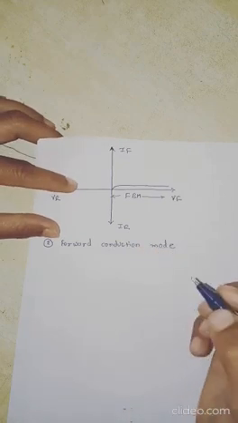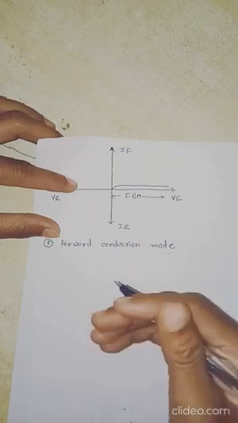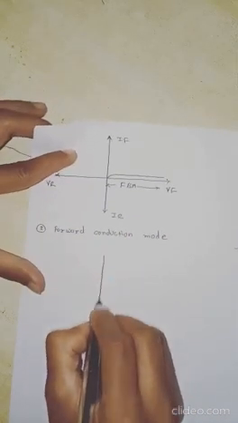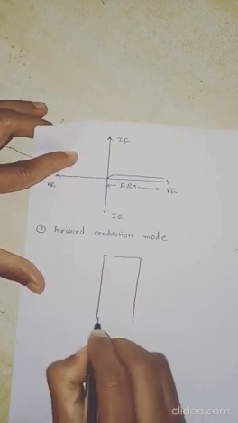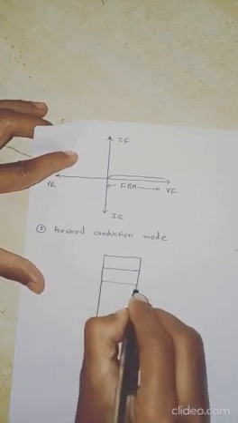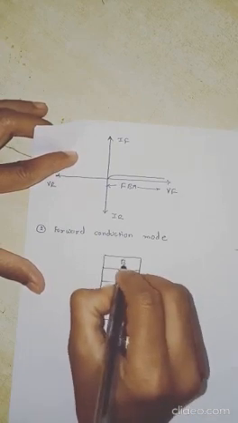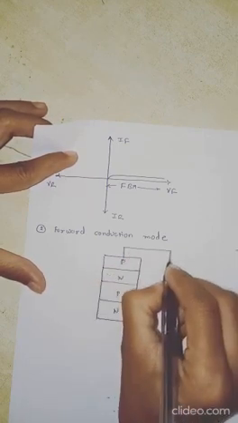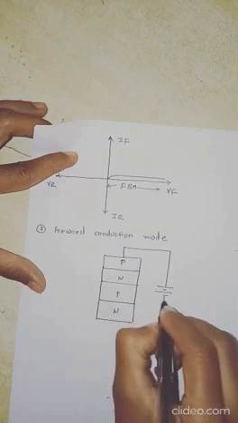In forward conduction mode, anode and cathode will be forward biased. First we'll see the construction. Again the P region is going to connect to the positive terminal.